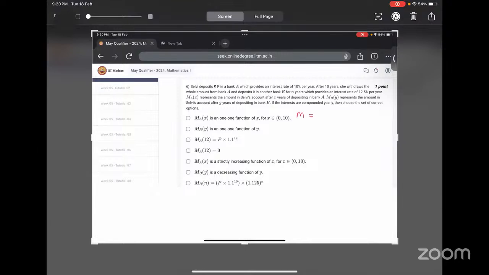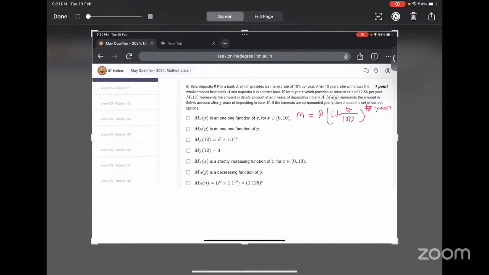M is equal to the primary money times (1 plus rate of interest by 100) power number of years. This is the formula, right?